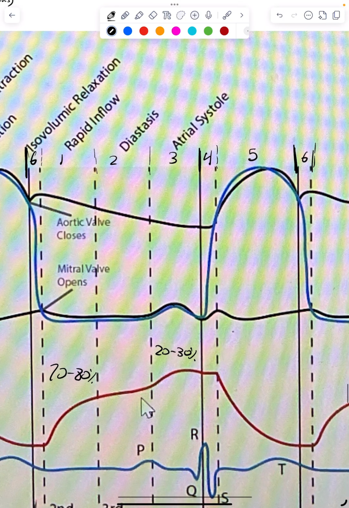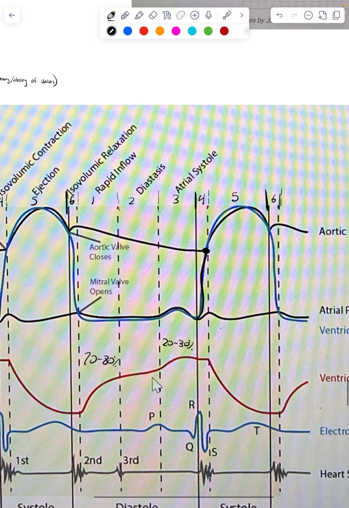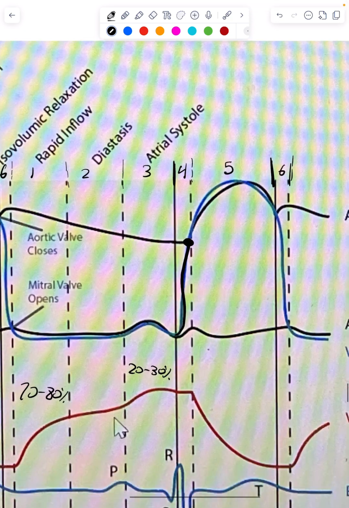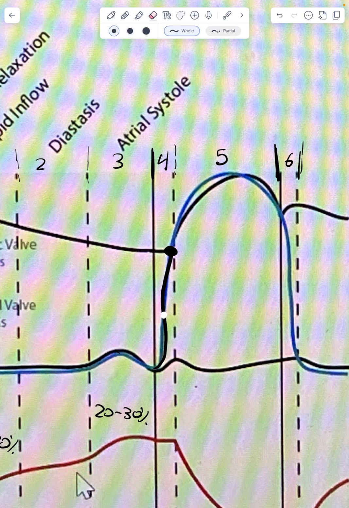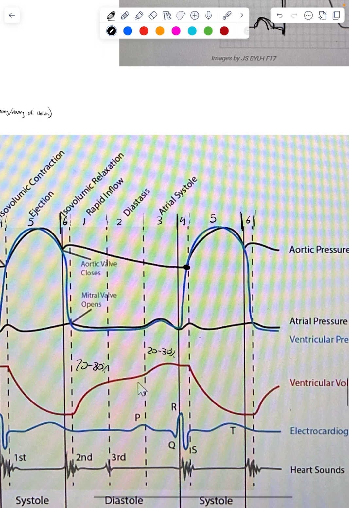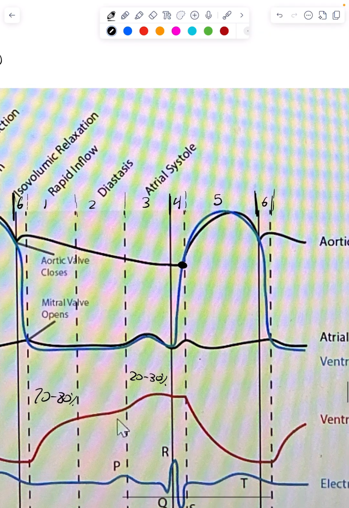So the aorta is going to start at 0 millimeters of mercury, and this is going to start at 0 millimeters of mercury, and it's going to make its way up to, let's say, 80. And as that continues, the pressure is going to continue to release blood, and this is the ejection phase of systole. It's going to cause blood to leave.